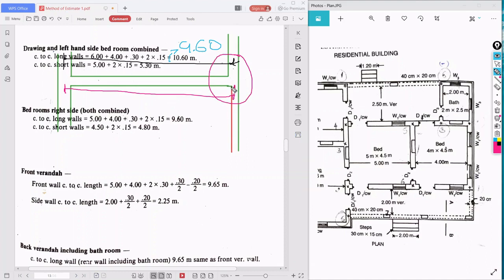So what is the distance between the starting point of the 20 centimeter wall and the center of the 20 centimeter wall?